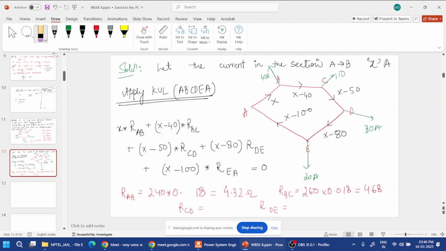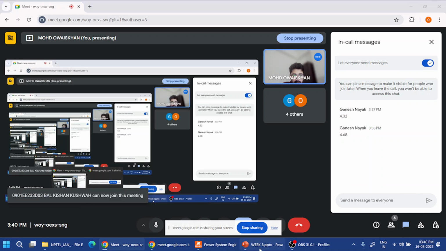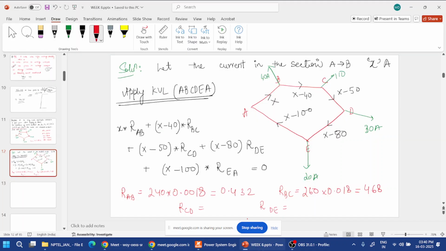Oh, it is double zero. Yes, double zero. That's why I was confused, why it was coming so high. Now it is good. So it will be 0.0432. Yes, it should come this way.